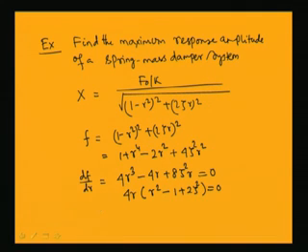So, either at r equal to 0, where you have seen that the response amplitude equals 1, or when r square equals 1 minus 2 zeta square, or r equal to the square root of 1 minus 2 zeta square, the response amplitude is maximum.